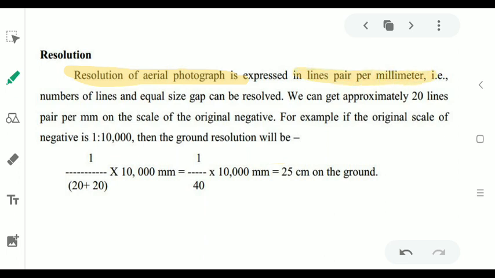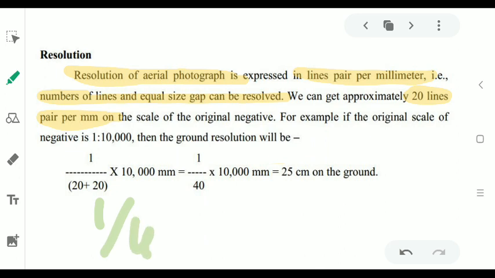That is, number of lines and equal size gap can be resolved. तो मतलब कि अगर आपको number of lines count करनी होंगी in per millimeter of the aerial photograph, that will be double of this value. So generally हमें जो value मिलती है that is 20 lines pair per mm. So that means कि जो हमें ओरिजिनल का 1 वैल्यू होगा that will be corresponding to 40 lines. So that means the 1 value is corresponding to 40.